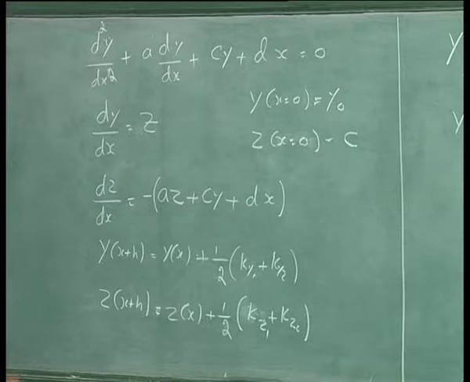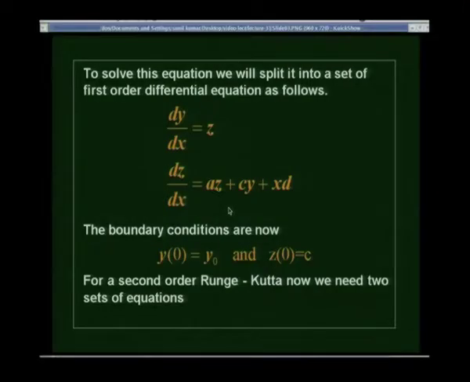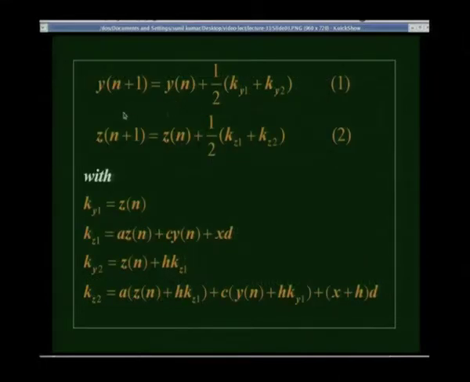So let's summarize this once again. I want to solve these two first order equations. There is actually a minus sign there. Using a second order Runge Kutta scheme, I would just write y at the next point as y at the first point plus ky1 plus ky2, and kz1 plus kz2 for z.